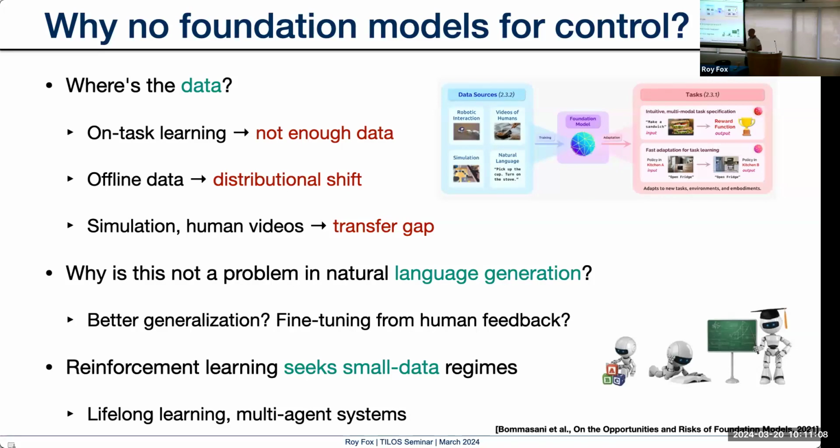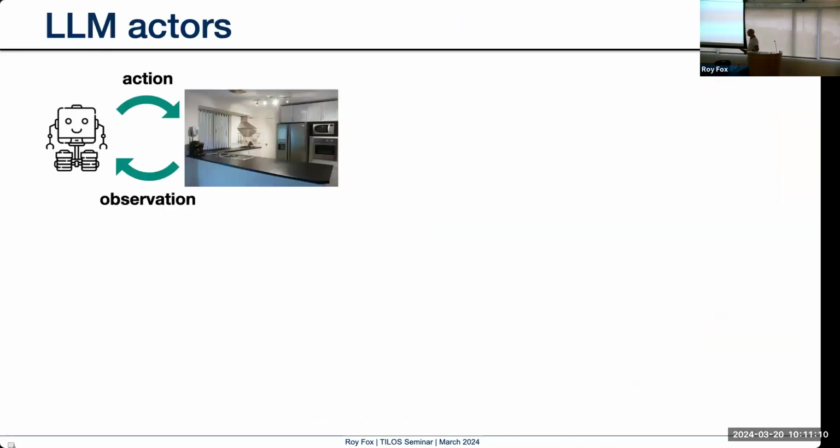Okay. So what do we do? Well, let's use the foundation models we do have. We have large language models, right? So people more and more are using those for control. You can sort of use them out of the box for control, just for those tasks.